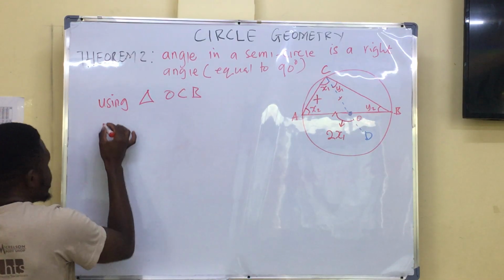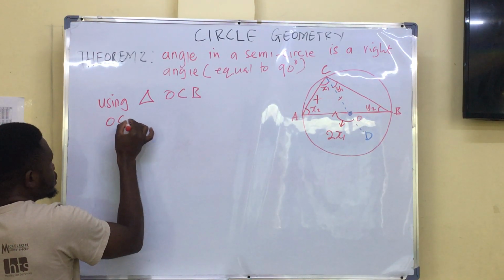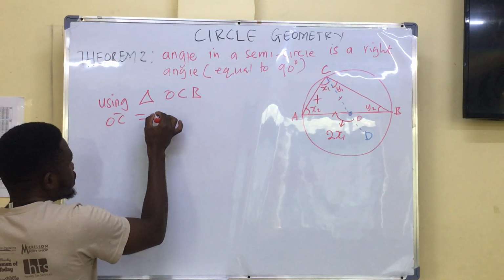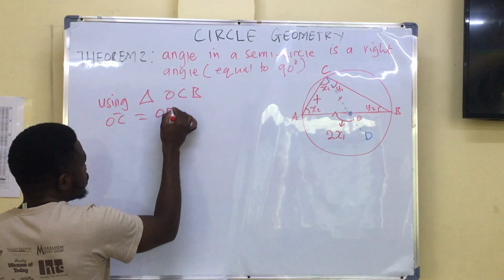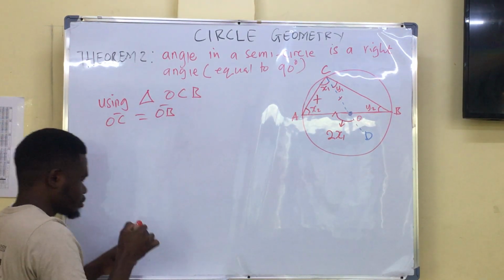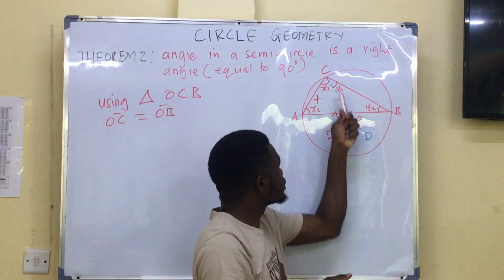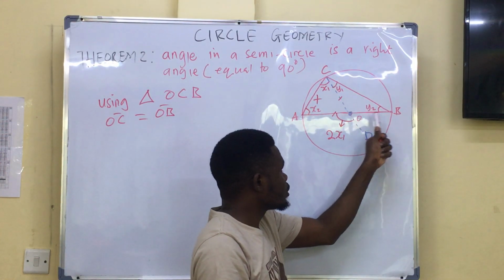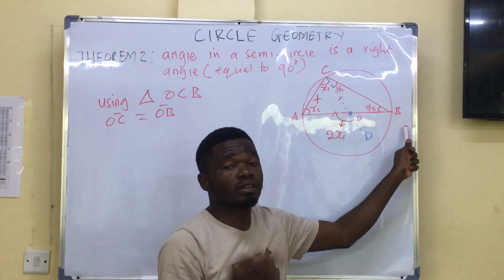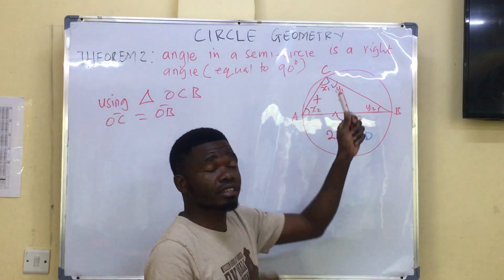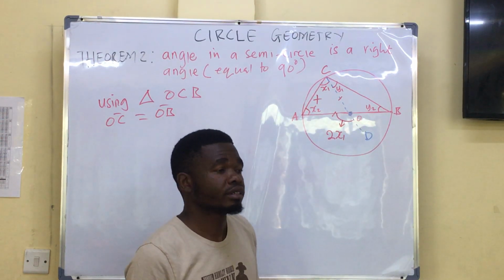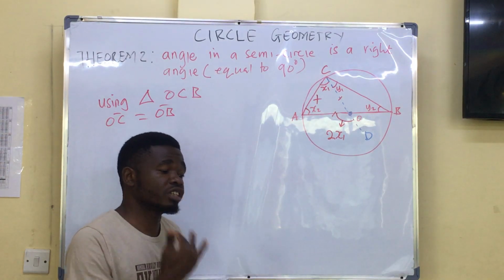We know that line OC is equal to line what? Line OB. Why? OB is a radius, OC is a radius as well. They have the same length, right? A line from the center of the circle to the circumference is a radius.